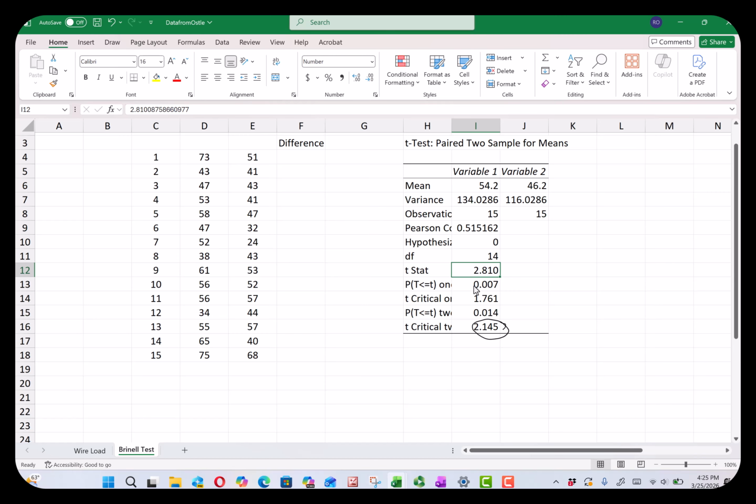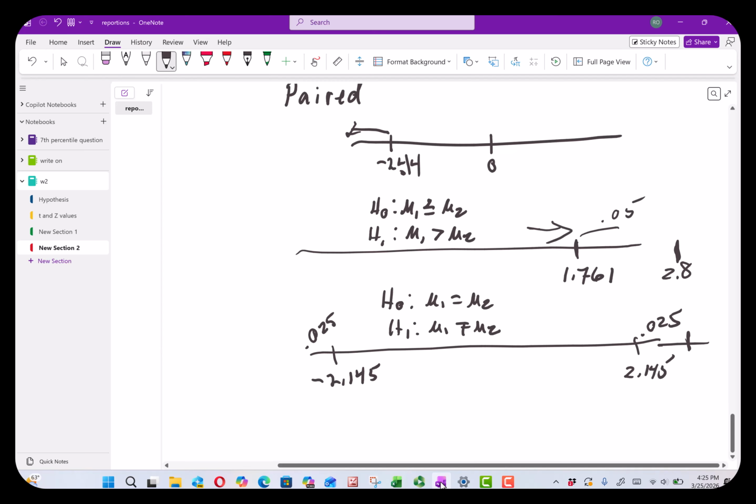If we look at the p-value for the test, it's 0.007. So if we looked up 2.810 in the t.dist command, we would get 0.007 on the upper end.